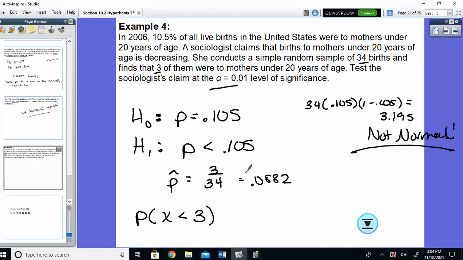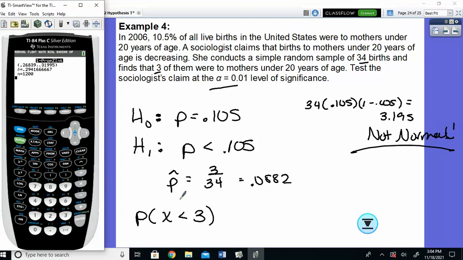And how big is our sample? 34, so we can't do that. We can do them by hand. Remember the whole n choose x and p to the x power and 1 minus p to the n minus x power. We also have a wonderful tool in our calculator that I never told you about for a reason.